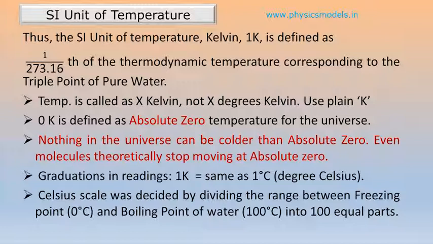The graduations in the readings of 1 Kelvin would be identical to degree Celsius. In fact, the thermometer itself is made by dividing the gap between the freezing point and the boiling point of water into 100 equal readings. When we do that, we get a Kelvin scale which is identical to the degree Celsius scale.